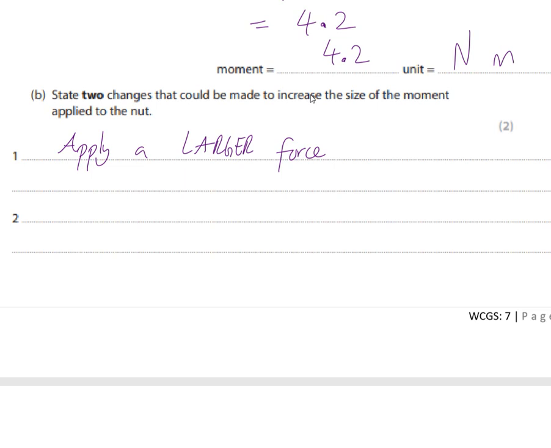We can also say apply the force further from the nut.